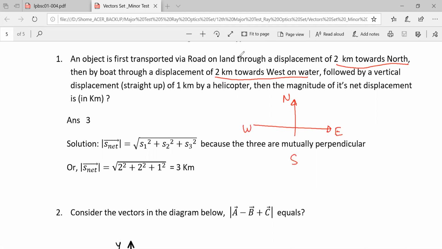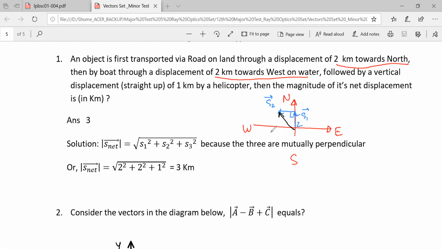Okay? So the resultant of these two vectors: the first going 2 kilometers towards north, that is your S1. Then you are going 2 kilometers towards west, so this is your S2, like this. Okay, so the resultant of these two vectors is this one.